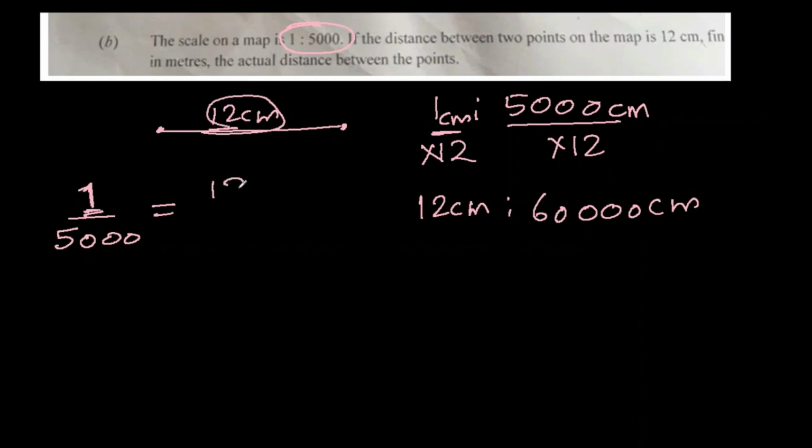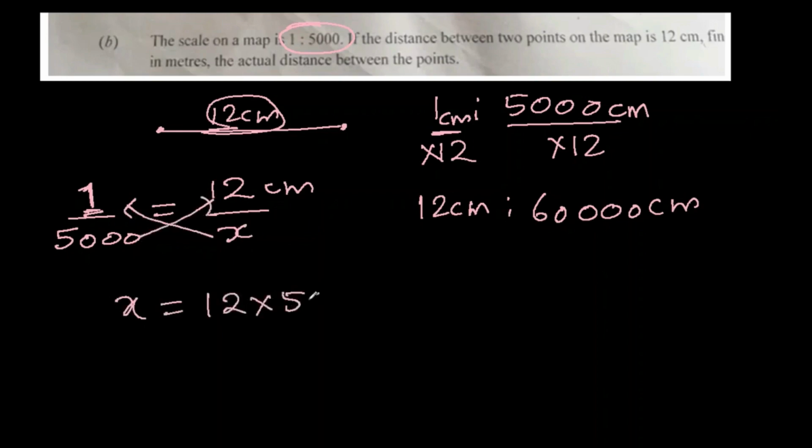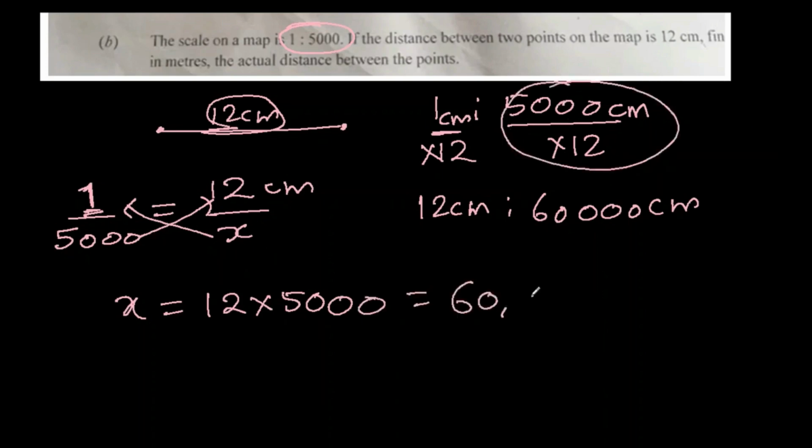So write 12 centimeters here and call it x. And now we can cross multiply. X multiplied by 1 is x, equal to 12 times 5,000, which is exactly same 60,000 centimeters. Don't change the unit till the last step.